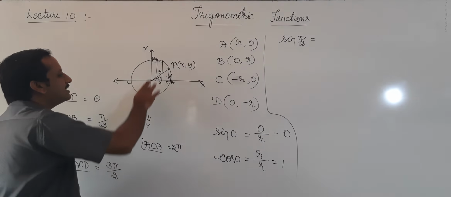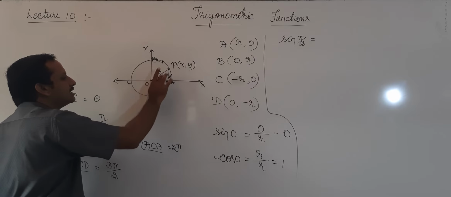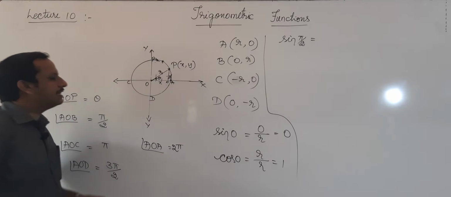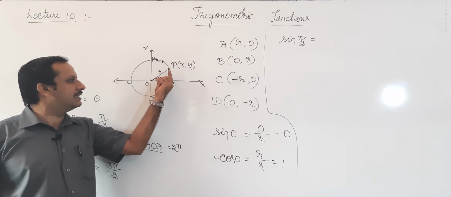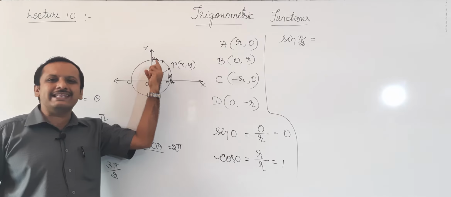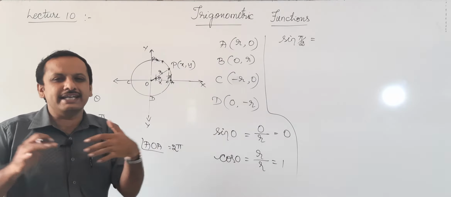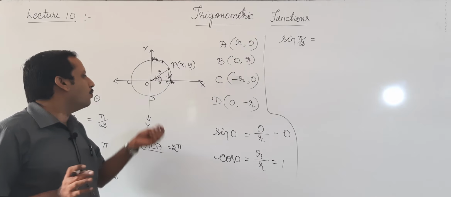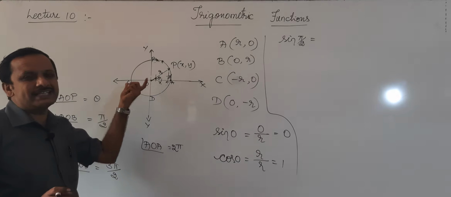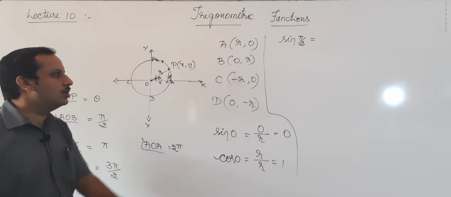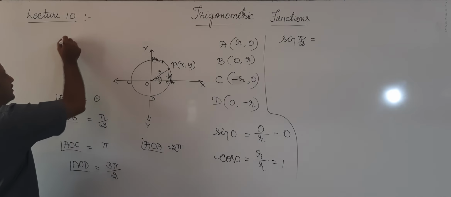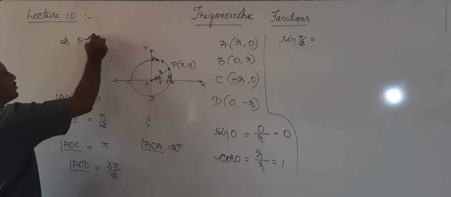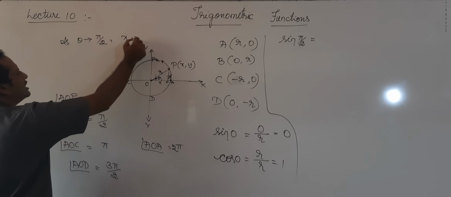As P moves towards B, theta increases and theta approaches pi by 2. The value of x goes on decreasing and x tends to 0. So as theta tends to pi by 2, x tends to 0.